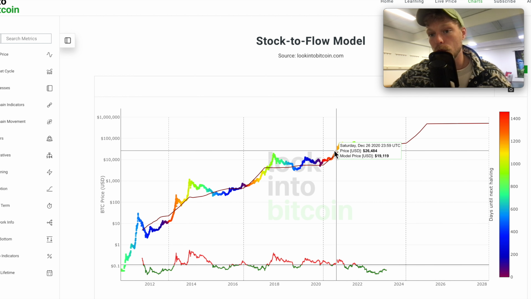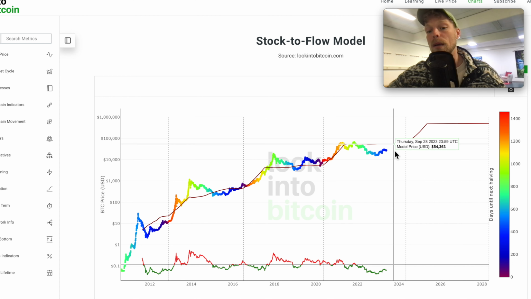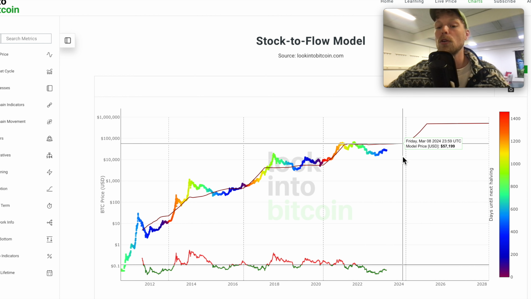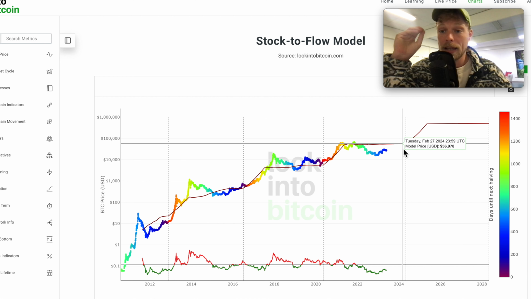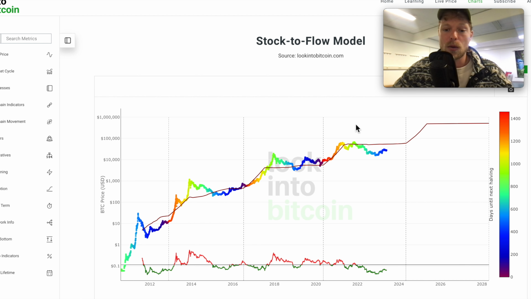Then we don't have an overshoot. We flow back to the stock to flow, maybe. And maybe we don't even get that much of an overshoot right here. Or we get an overshoot really early, like I've been saying about the 16-year cycle. And that halving event is not going to be the most bullish event that a lot of people are anticipating. So yeah, guys, this is something that I'm watching.